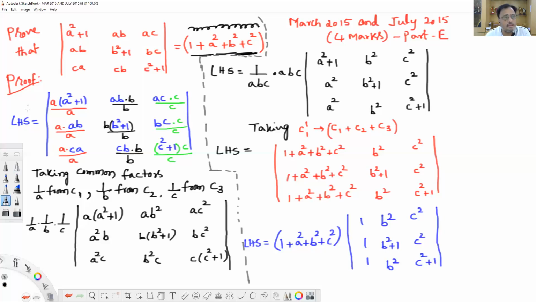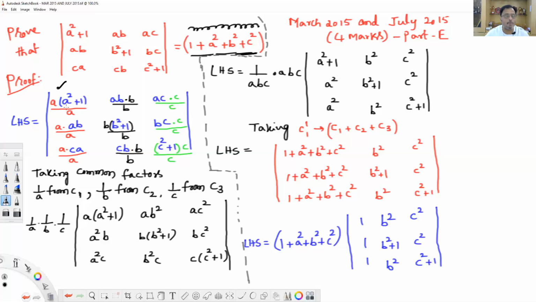Now, I've taken the LHS, this problem. See, in the first column, for all elements, I have multiplied by A and divided by A. So there is no change. With the red color, I have clearly mentioned. So in the first column, somehow I have introduced A into column 1, but I have to balance it like this.